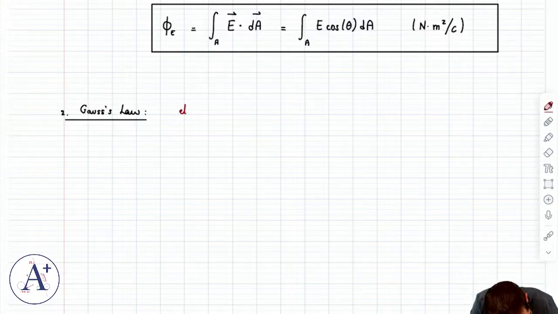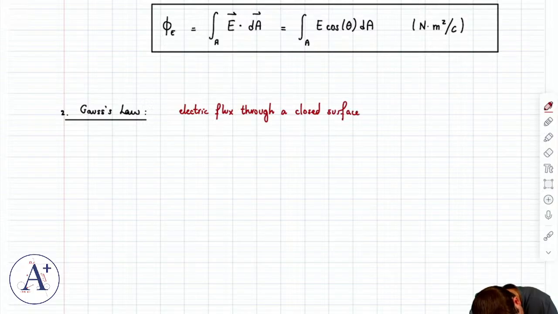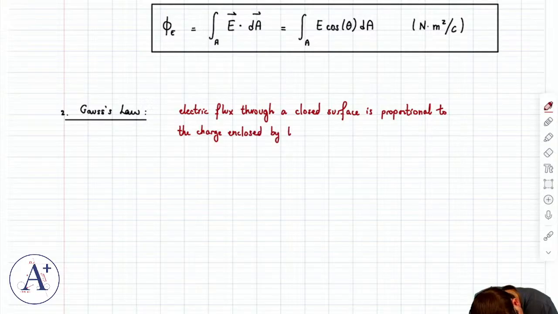It says that the electric flux through a closed surface is proportional to the charge enclosed by the surface.